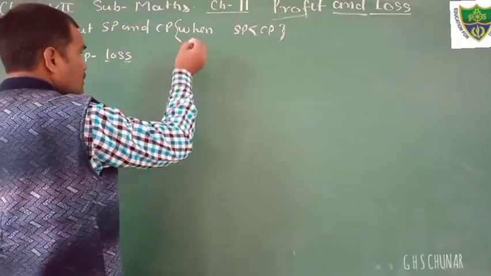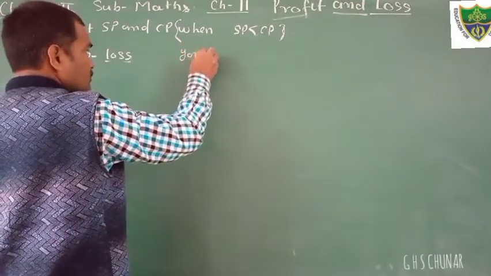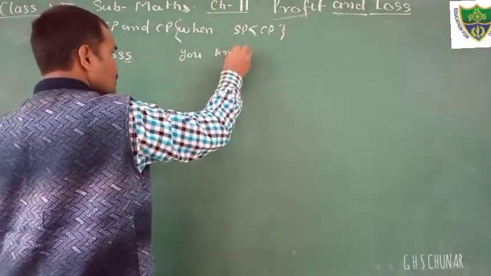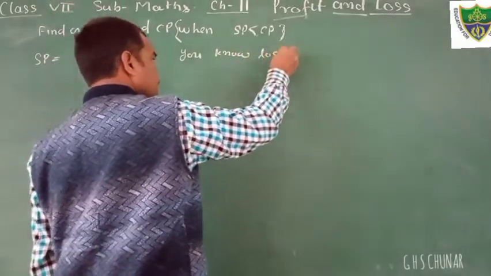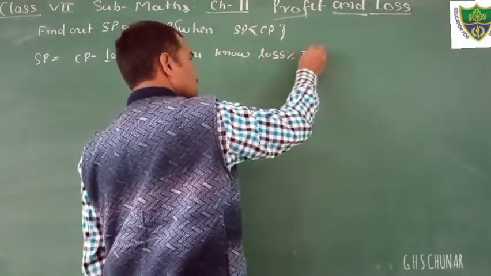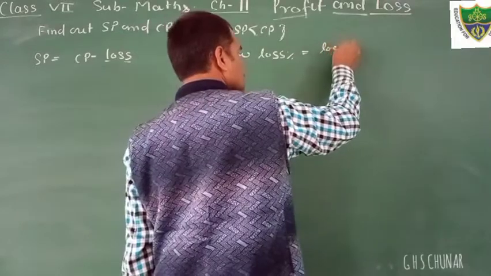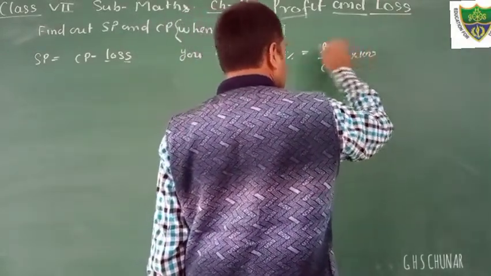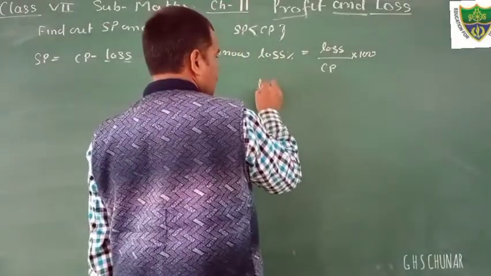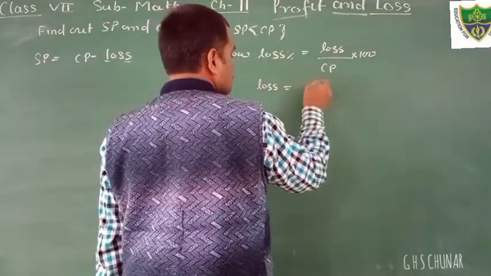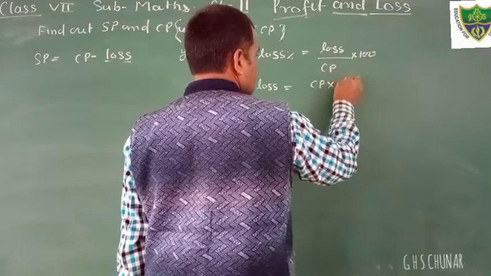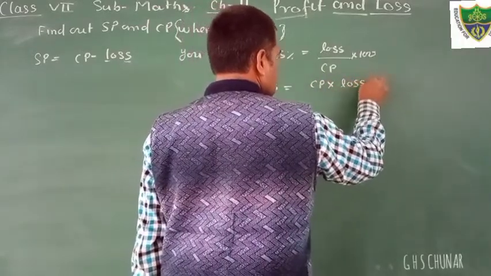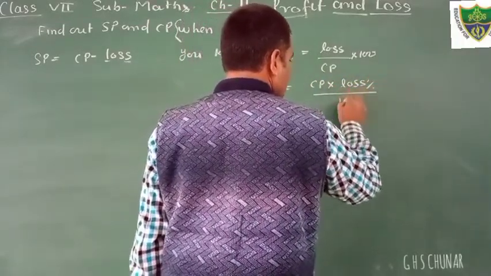But you know loss percent is equal to loss upon CP into 100. By this you will get that loss is equal to CP into loss percent upon 100.